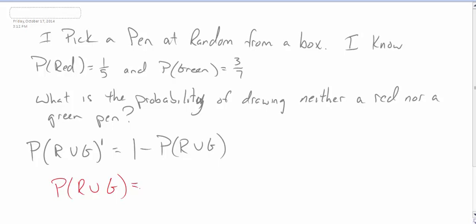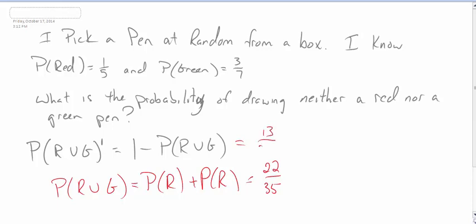Well, picking a red pen, I don't have any of those magical pens that are both colors at once. So picking a red pen, picking a green pen, those are mutually exclusive events. So this is equal to the probability of red plus the probability of green. So 1/5 plus 3/7 is 22 out of 35. So the probability of getting not one of those colors would be 1 minus that, or 13 out of 35.